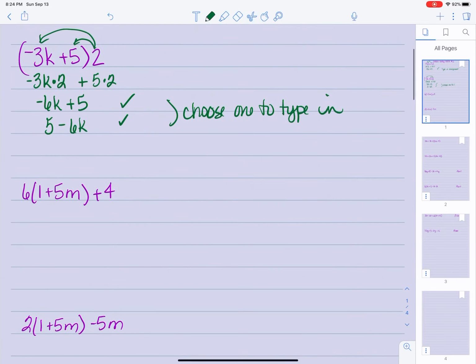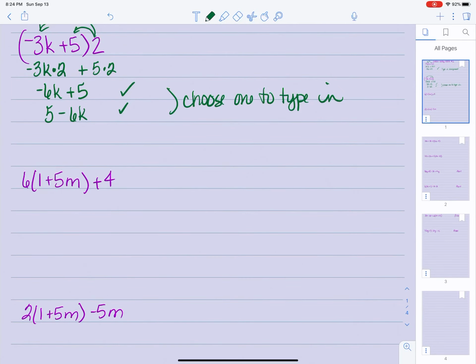All right, so now that we've reviewed distribution, we are going to add a little bit of combining like terms to it just to make sure that we're fresh. So 6 times 1 plus 6 times 5m. I want you to note that I have changed these little guys to a circle instead of an X. When you get into the 6th grade or 7th grade, you want to make sure that those times, you are not writing an X, because this could also be a variable.